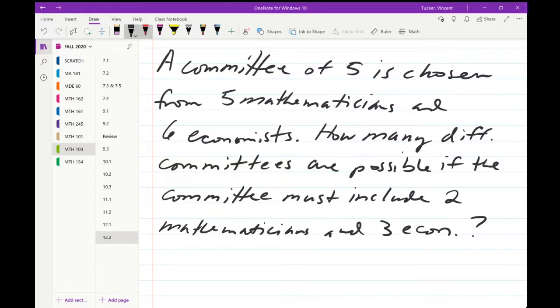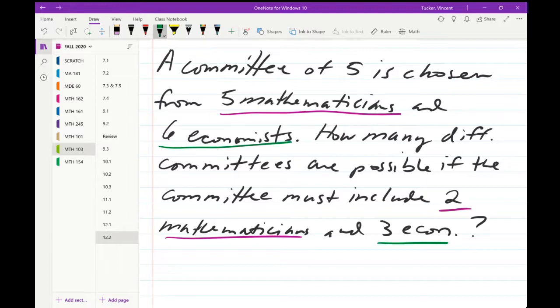So when you look at what's going on in this problem, you have a committee of 5. We have 5 mathematicians. Out of those 5 mathematicians, 2 are supposed to be a part of the committee. And then we have 6 economists, and out of those 6 economists, 3 are supposed to be a part of the committee.